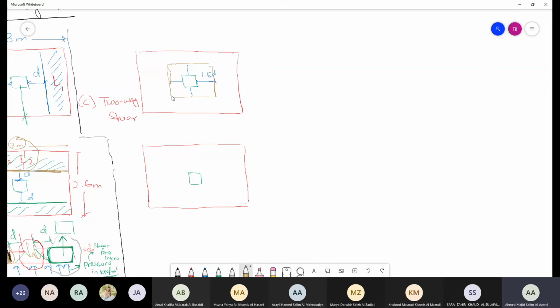One is whatever we called it as interior area, and one we called it as exterior area, or internal and external.